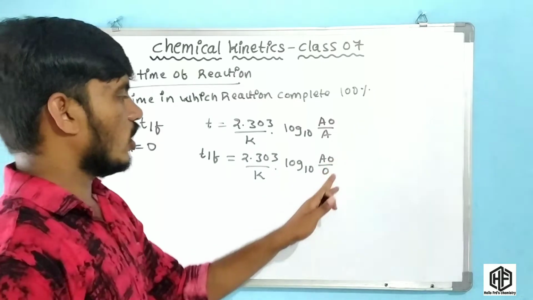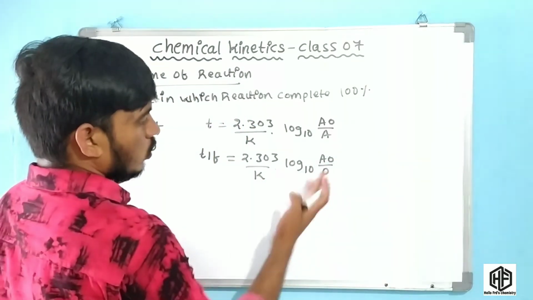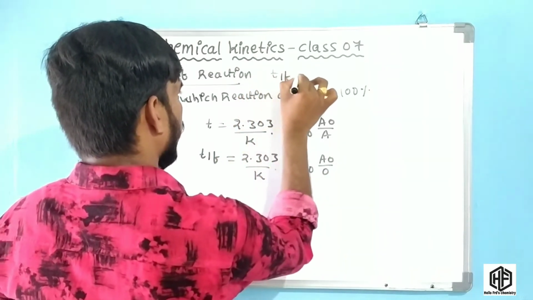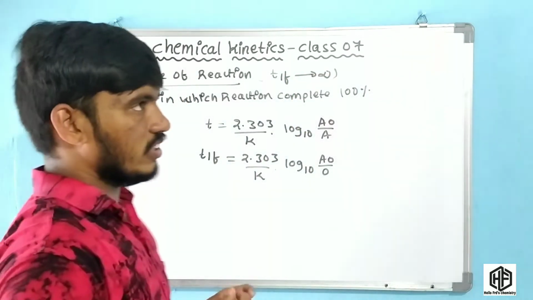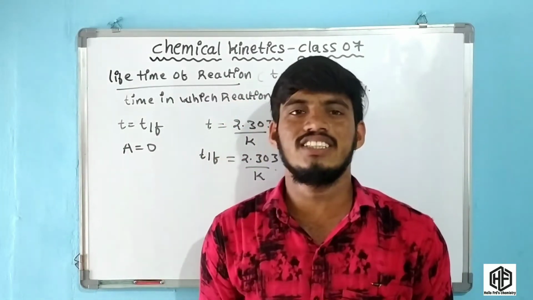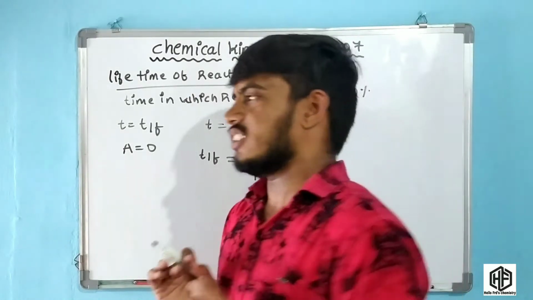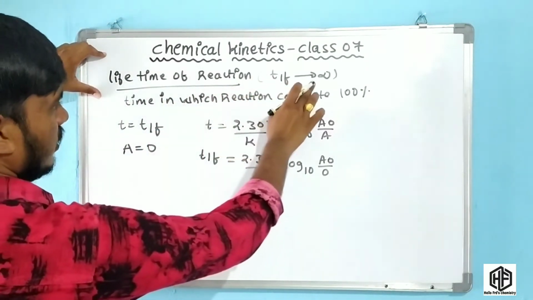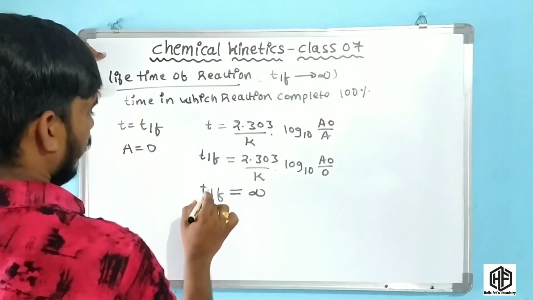Finally, log base 10 A naught by 0 is infinity, and 2.303 by K into infinity is infinity, friends. T lifetime is infinity. It means the first order reaction cannot complete 100%. This is very important, friends. The lifetime of a first order reaction is infinity.